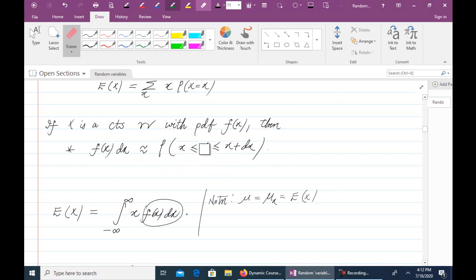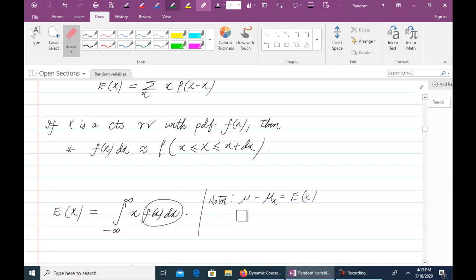So it makes sense, just like in the discrete case, to define the expectation of x to be the integral from negative infinity to infinity of x times f of x dx. Integration is just a continuous version of summation. So this also gives you the average value of x in the long run.